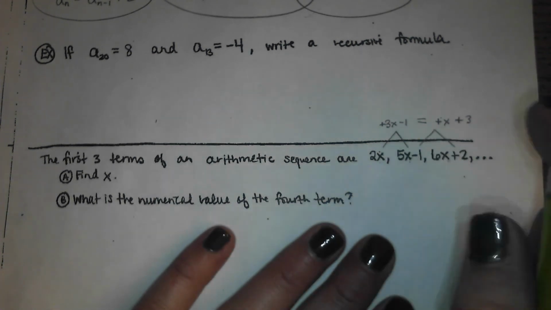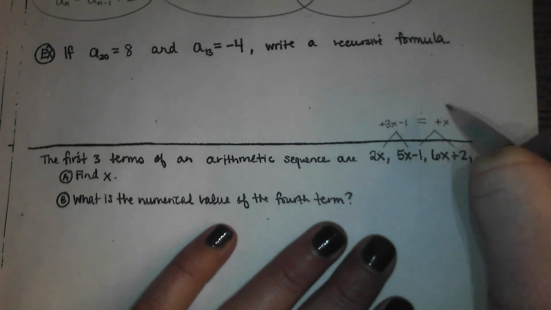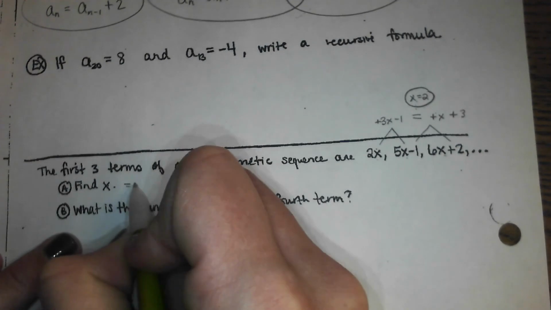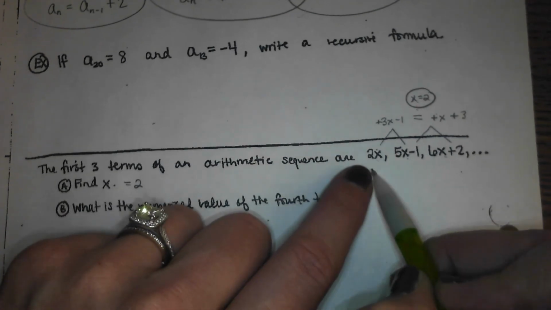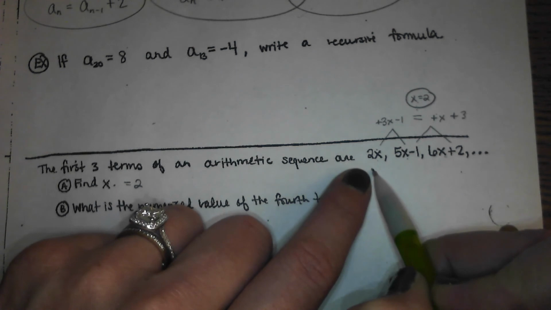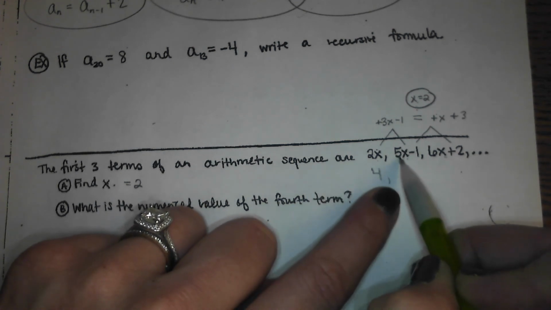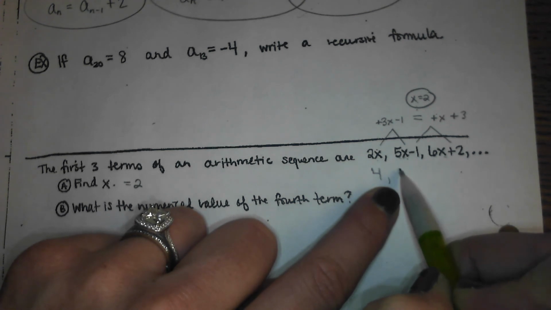So if we solve for x, and I'm just going to do this for you, you're going to get 2x equals 4, so x will equal 2 after all is said and done. And then take a look. If x is 2, what's the first term really? What's the second term? 4 times 2 is 8. 8 minus 1 is 7.